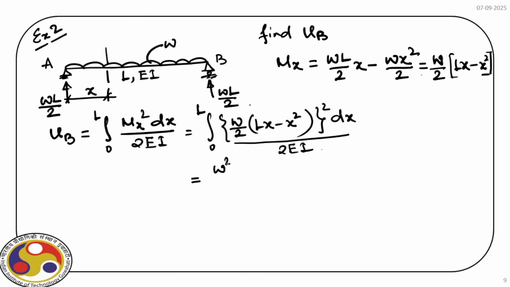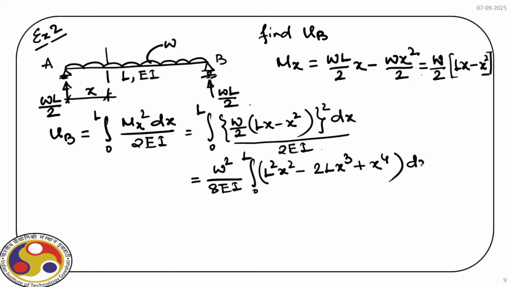So we can evaluate this expression. So what we have is omega square divided by 8 EI, which is constant, and let us take it out of the integral. So we have integral 0 to L, then L square x square minus twice L x cube plus x to the power 4 times dx.